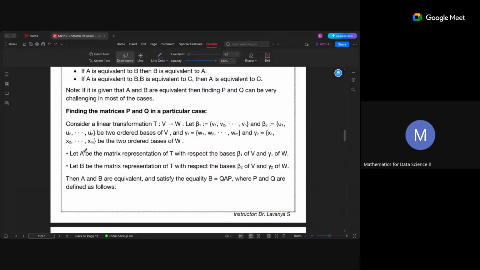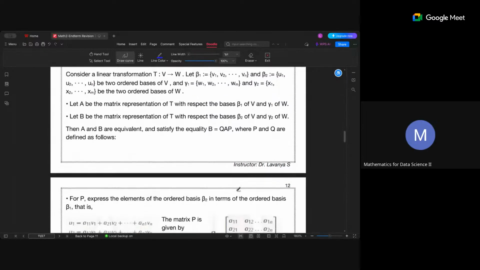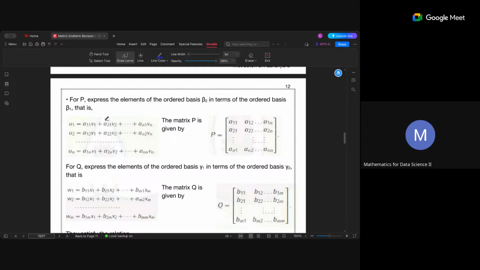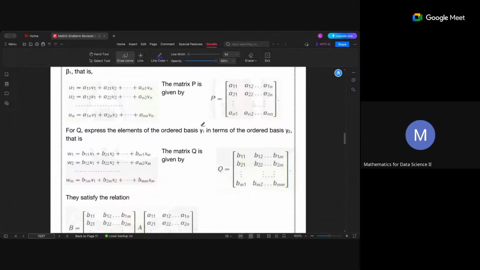Now you know that A and B are equivalent, and you have this condition B equal to QAP, where P comes from expressing your ordered basis beta 2 in terms of beta 1. The coefficients give you P. And similarly, you have to express gamma 1 in terms of gamma 2 to get the coefficients Q.